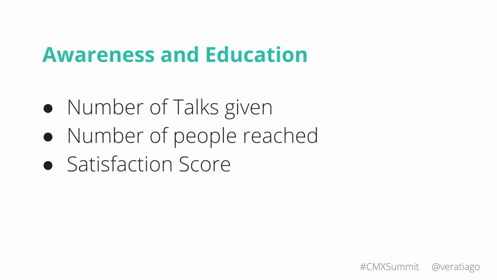Awareness and education: they often talk at developer events, going there and talking about our product to evangelize other developers to adopt it. A good way to measure this is the number of talks, the number of people they reach, and the satisfaction score on their talks.